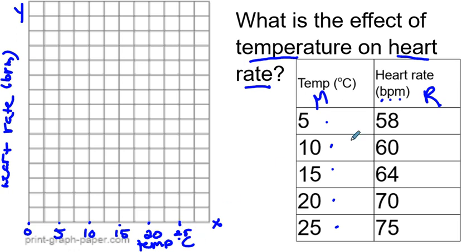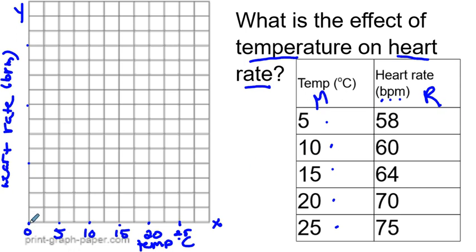The heart rate, on the other hand, we're going to have to choose a slightly different scale. So here, my numbers range from 58 to 75. Since I have nothing between 0 and 58, my lowest value for heart rate on the table is 58 beats per minute.